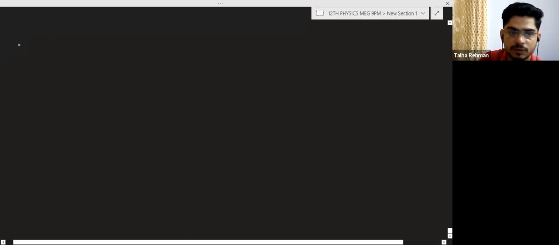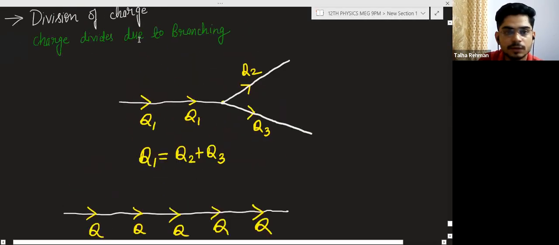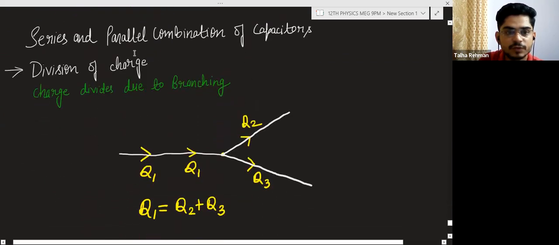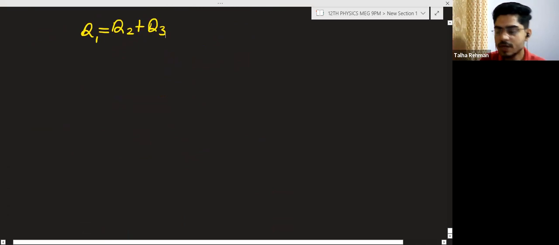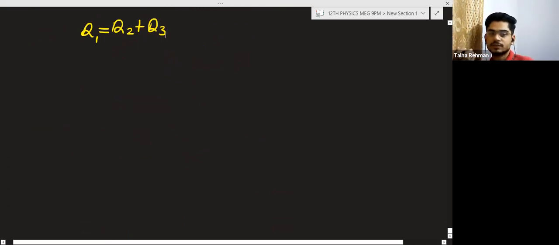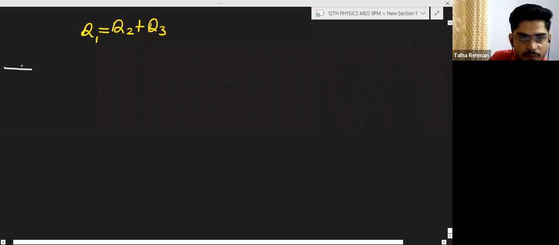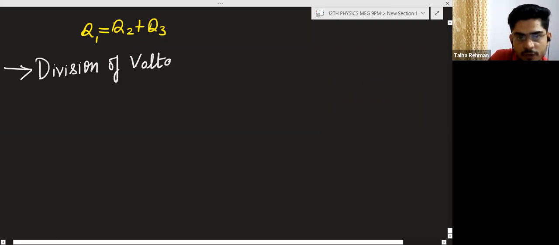Now, division of charge done, now division of voltage. Now we will see how the voltage will be divided in the circuit. Division of voltage.